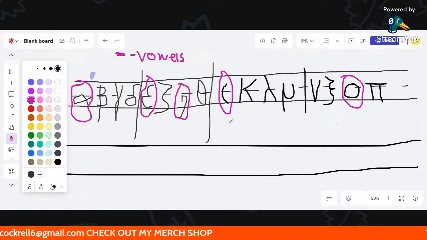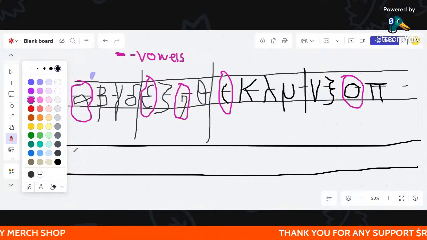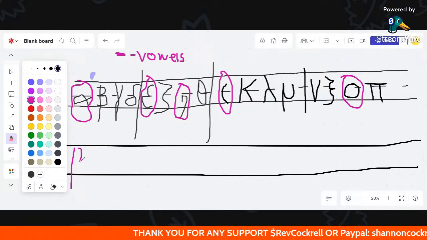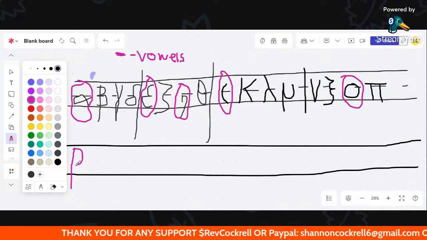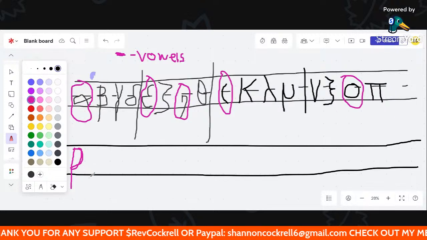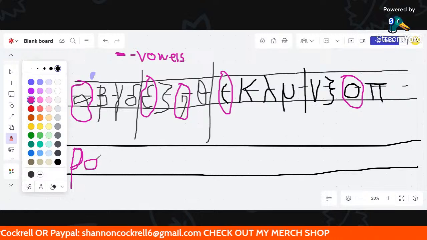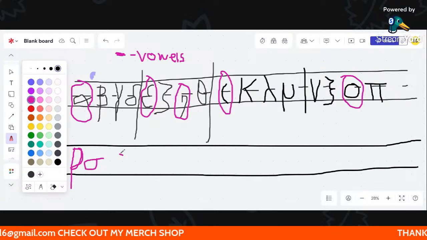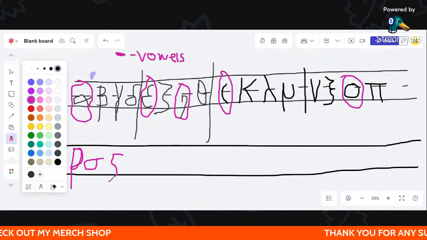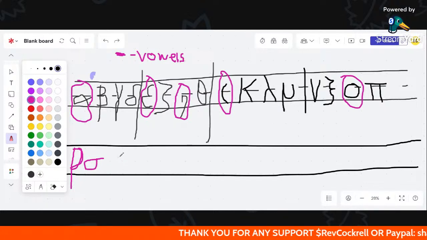Nu, xi, omicron, pi or p, however you pronounce it. Rho, sigma. Now sigma has two forms.